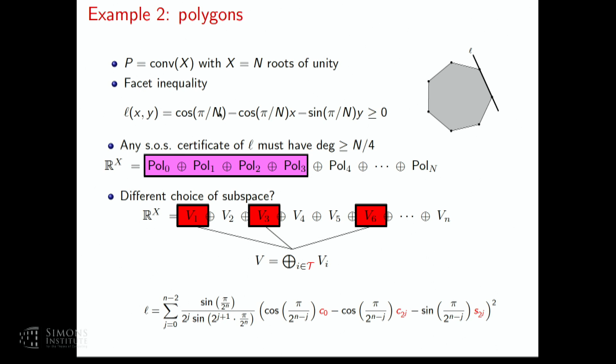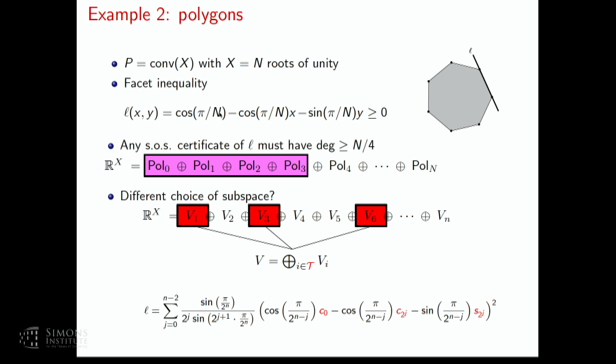So the only things you need are the monomials of degree a power of 2. You do not need all the monomials between 1 and n over 4, just the ones that are a power of 2.